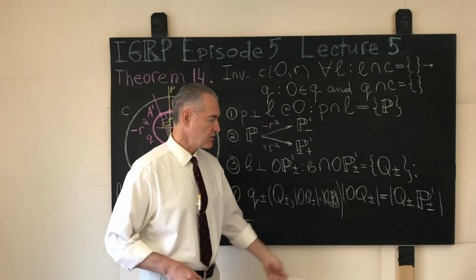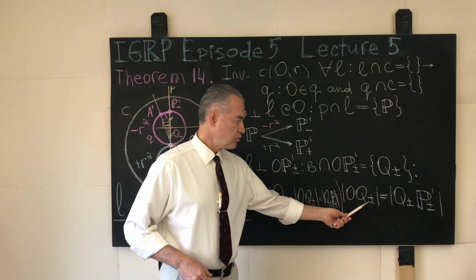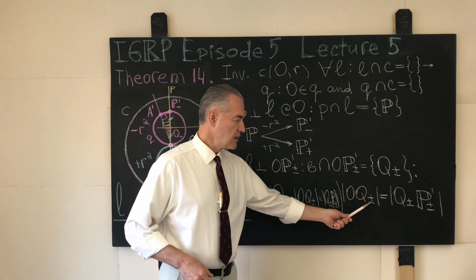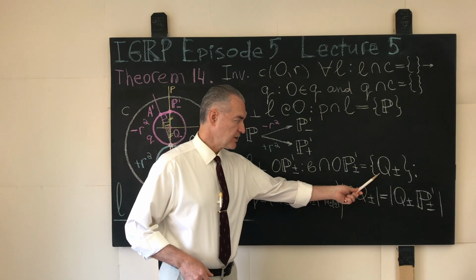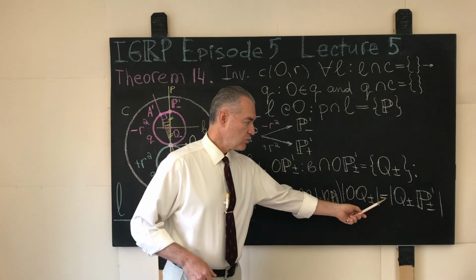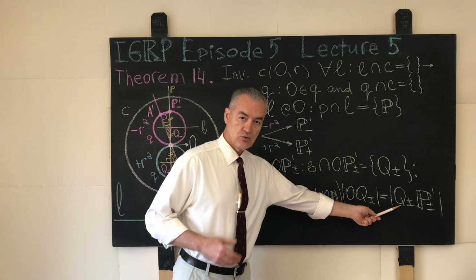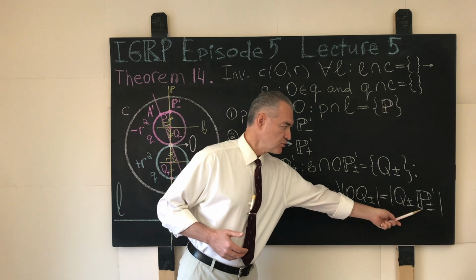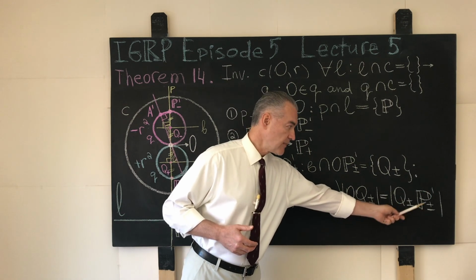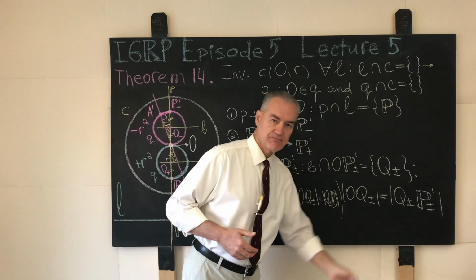The distance from the center of inversion O to the point Q plus or minus obtained in this step will be exactly the same as the distance from that point Q plus or Q minus to the corresponding image of the point P, P prime plus or P prime minus.